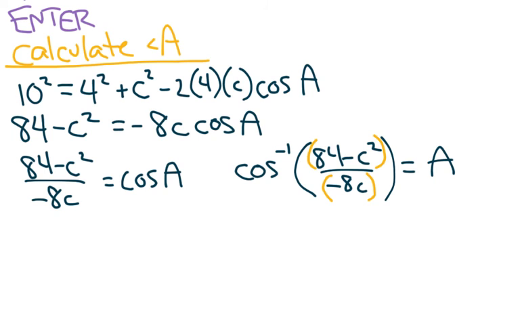What we're about to do is use parentheses here, and that's what you'll need in the calculator. So I'll go right to the calculator and join me with this arc cosine. Open parentheses 84 minus c squared, so alpha program squared, close parentheses. Now if you're using the fraction piece on your calculator, that's great. Go ahead and use that. I'm just typing it in as normal. Divided by, open parentheses, negative 8 alpha program, which is c.